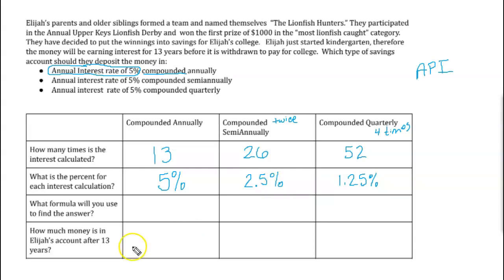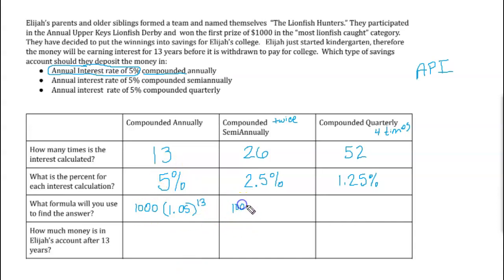Now, what formula would we use to figure out how much interest he earned? We're starting with $1,000. We're adding, so it's growth, so it'll be 1.05, and then to the 13th power, because that's how many times we're calculating that interest.